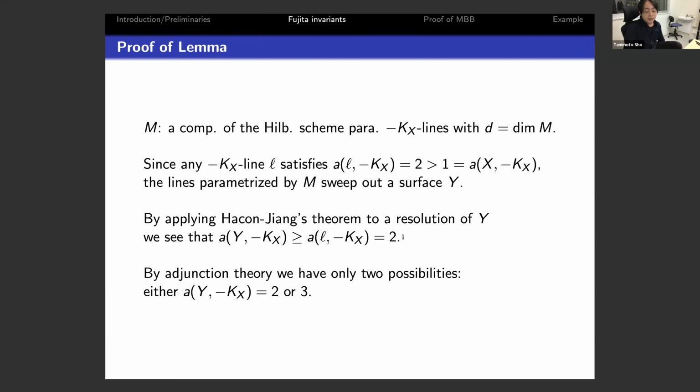On the other hand, by adjunction theory, surfaces whose A invariant is strictly greater than 1 are classified, and one can give a complete classification: P2, quadric surface, and so on. From that, one can conclude that the only possible A invariants are 2 and 3.